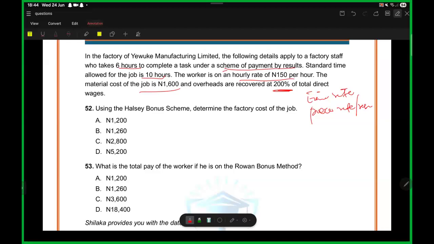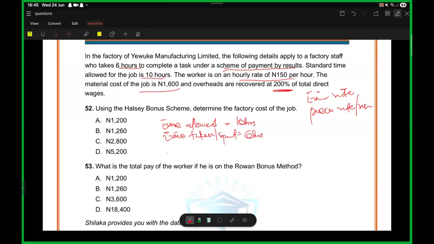This morning we spoke about labor accounting. From here, we are given the time allowed. The time allowed for the work to be done, the standard time, is 10 hours. The time taken, or time spent, by the staff is 6 hours.